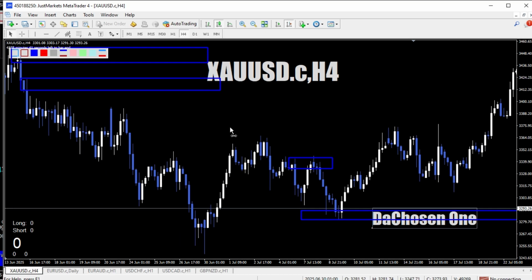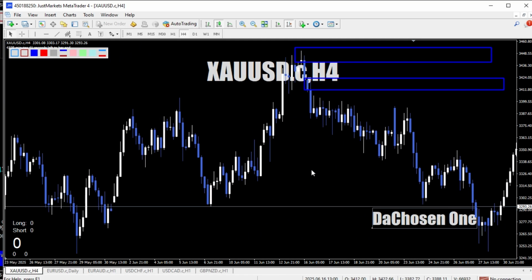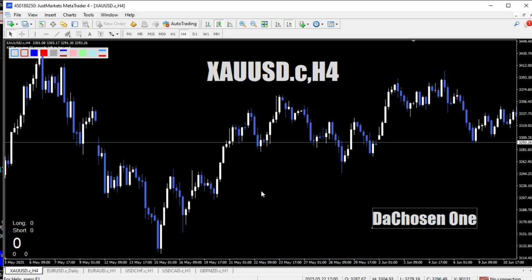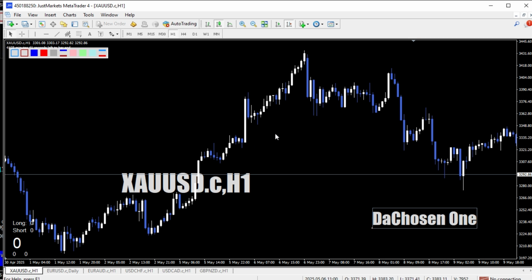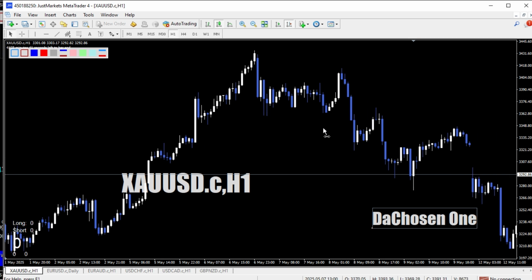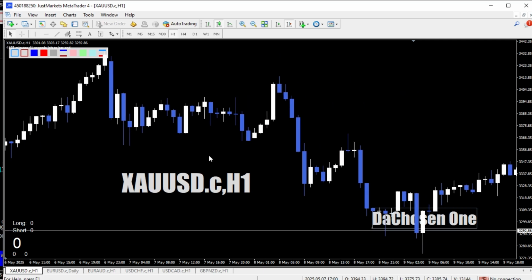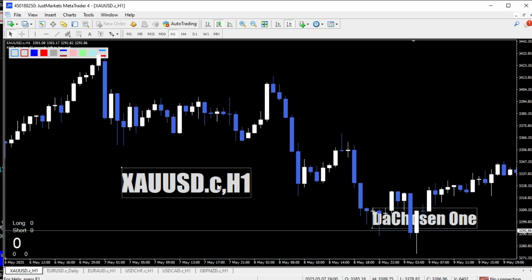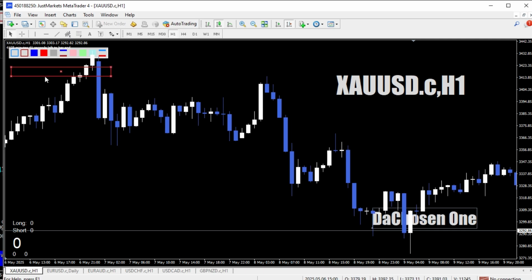So how do we use these candlestick patterns to look for entries? Okay, guys, let me look for an example of a setup. Okay, here's a setup. As you can see over here, this is a QML.